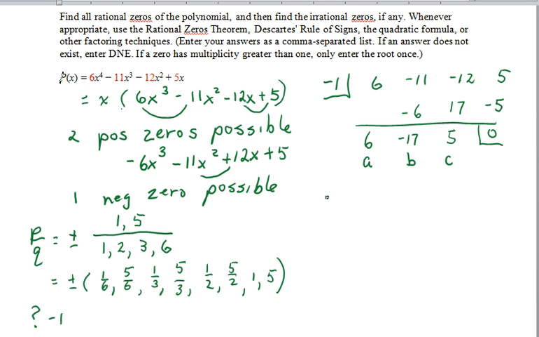So x would equal 17 plus or minus the square root of -17 squared, which is 289, minus 4 times 6 times 5, that's 4ac, all over 2a, which is 2 times 6, or 12.